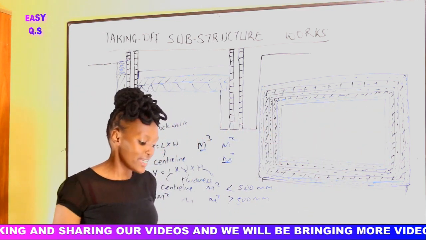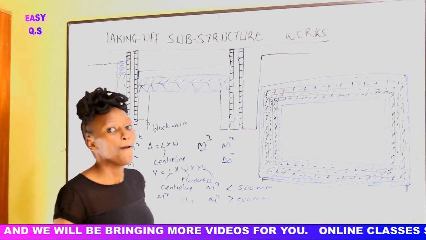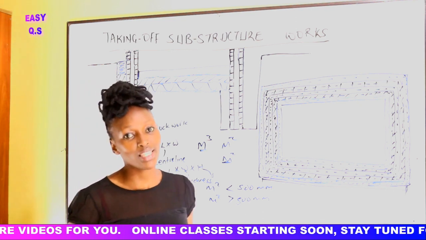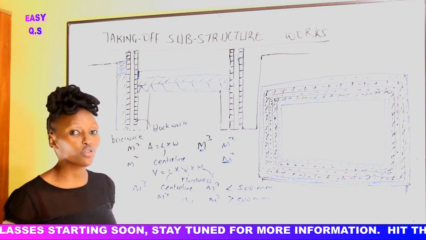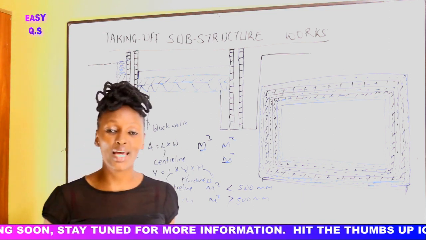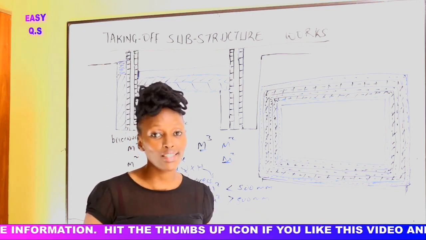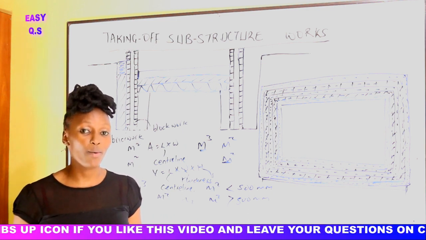That's where we shall do the DPM abutment to the wall. It's measured in perimeter. So that is the whole process of taking off using the NRM2. That is how we do it. When you're told to measure it in meter squared, it's the length times the width. Where you need to use length as the center line, we have showed you clearly how you would go about using the center lines.